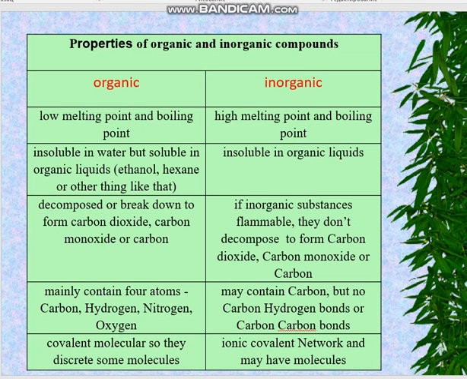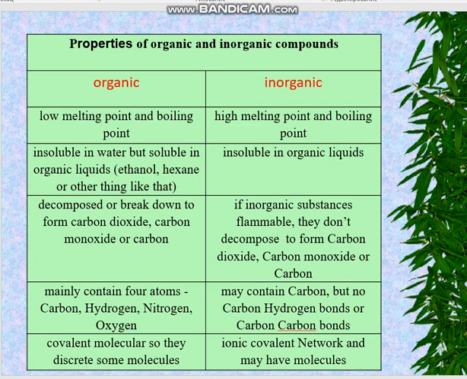Inorganic have high melting and boiling points. In the second column, you can see that organic are insoluble in water but soluble in organic liquids such as ethanol, hexane, or other things like that. Inorganic compounds are insoluble in organic liquids.